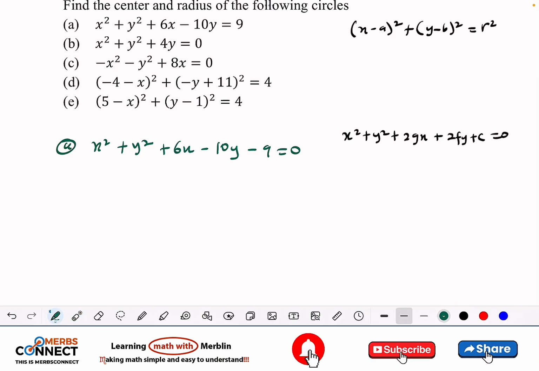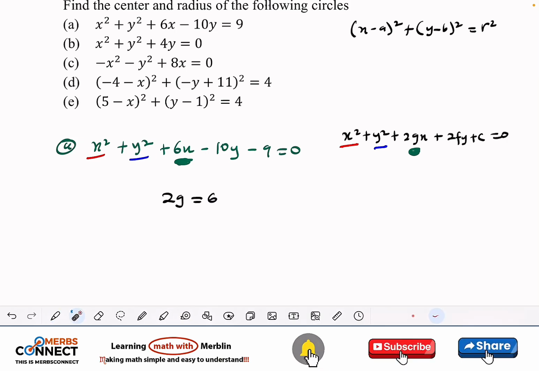Let's see something. I have x squared, I have y squared, I have y squared. Now look at this: I have a term with x, and then a term with x here. So let's compare them. With the one with the green shade, we see that 2g should be equal to 6.